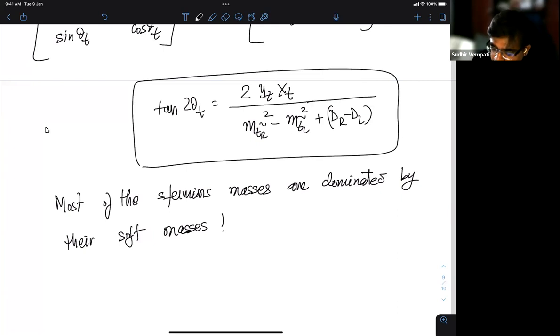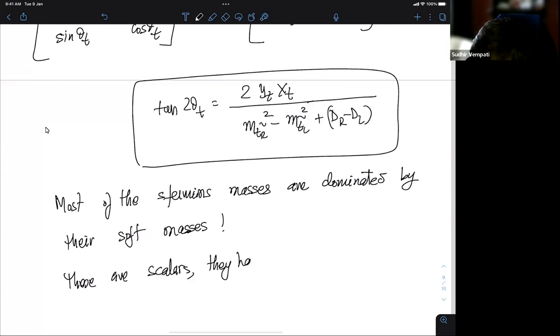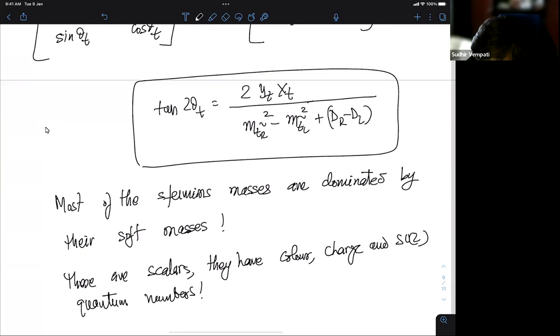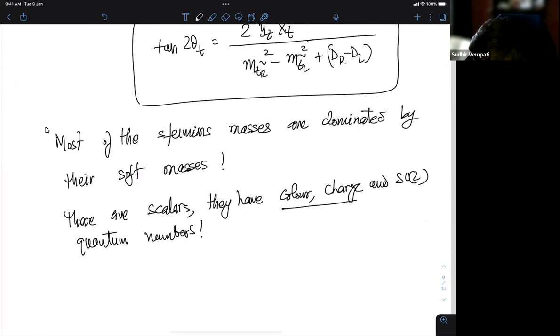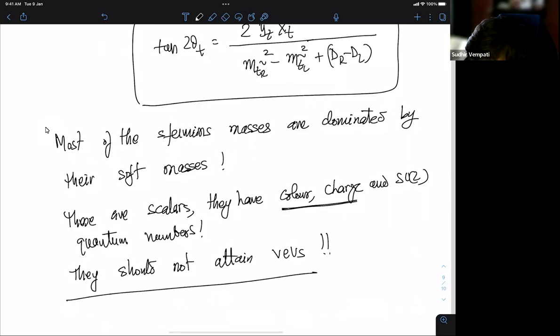They are scalars. They have color, charge, and SU(2) quantum numbers. So forget about SU(2). They have color and charge quantum numbers, so they should not attain vacuum expectation values.